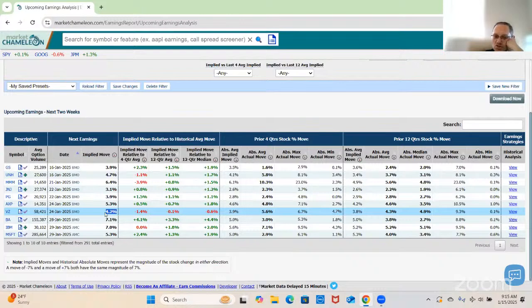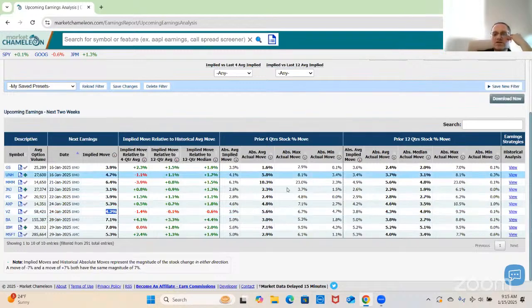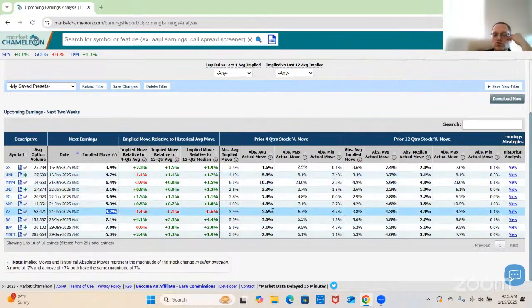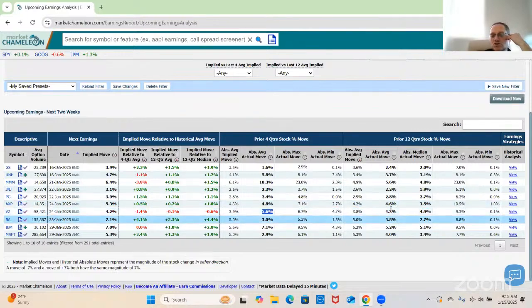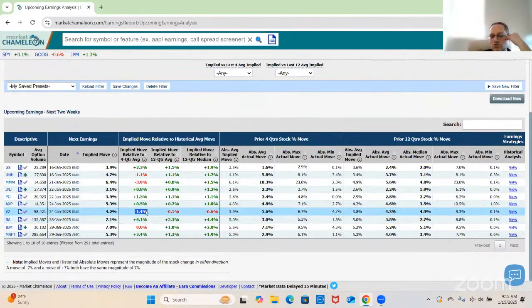So the straddle is currently priced at 4.2%. But if we compare that to the actual historical moves, it's even below those historical moves of 5.6% and 4.3%.